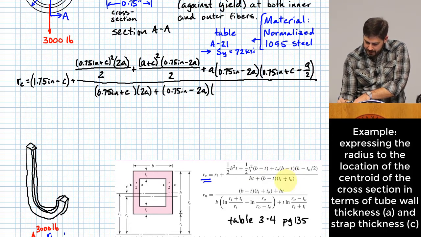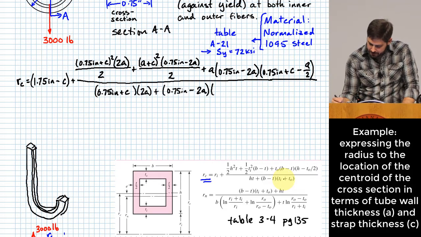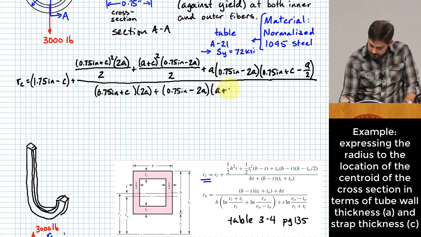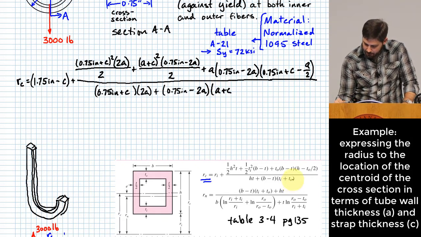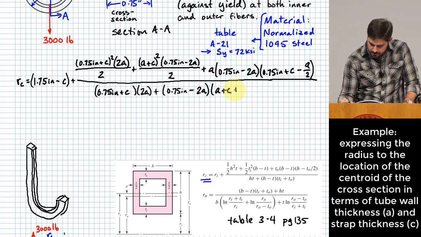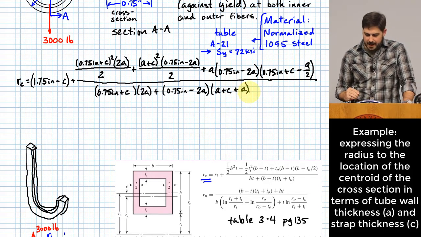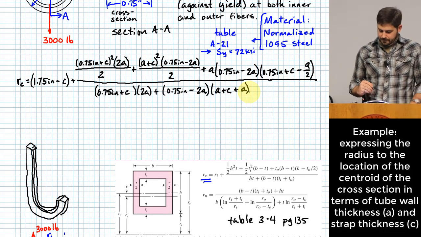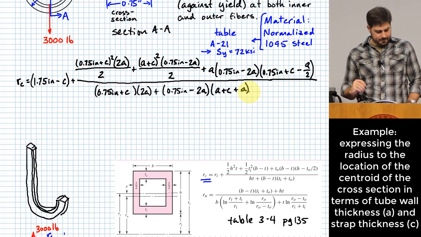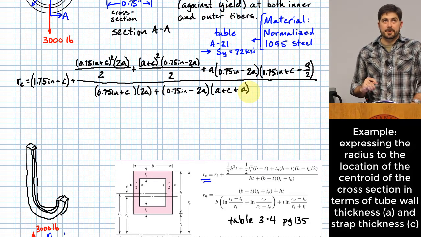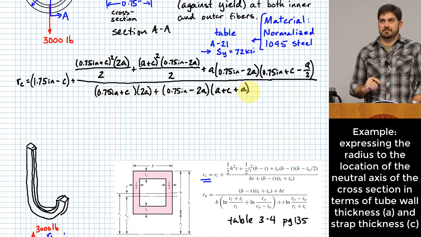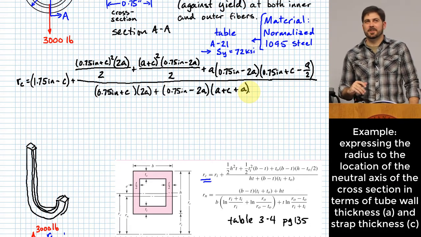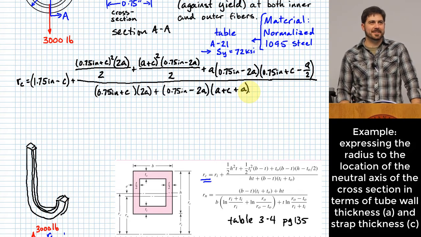Then we multiply this by the thickness of the inner, which is equal to A plus C. And the thickness of the outer is just A. All right. Good so far? You don't know, but at least you copied it all down, right?